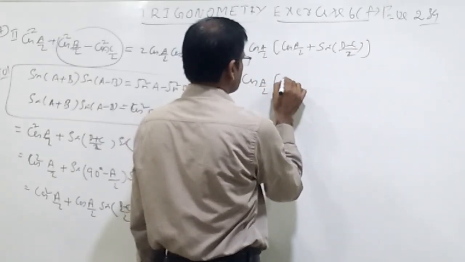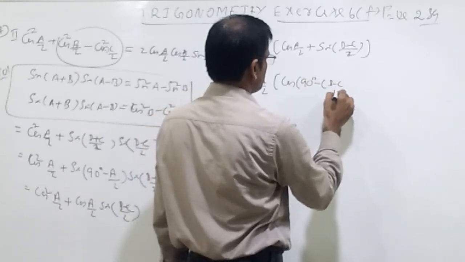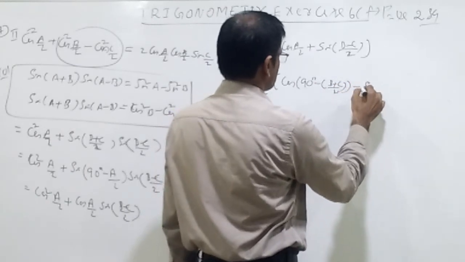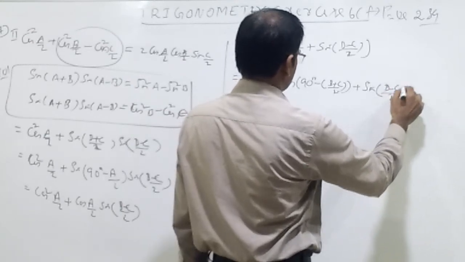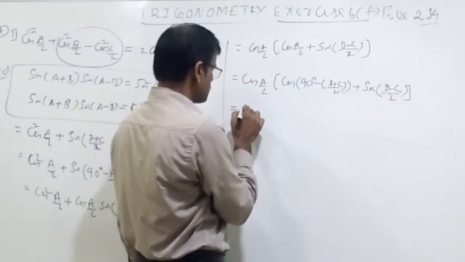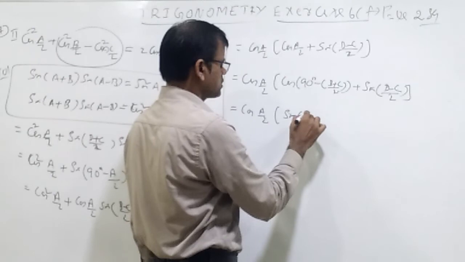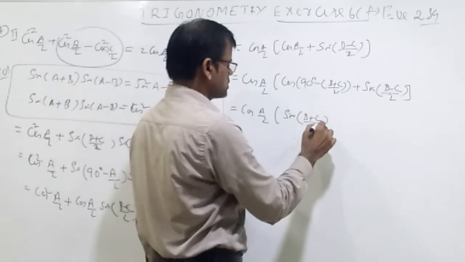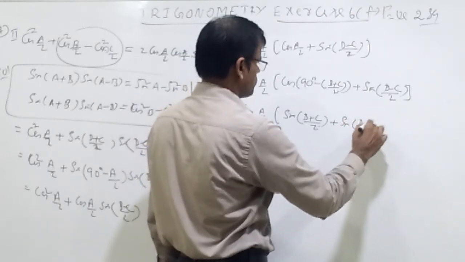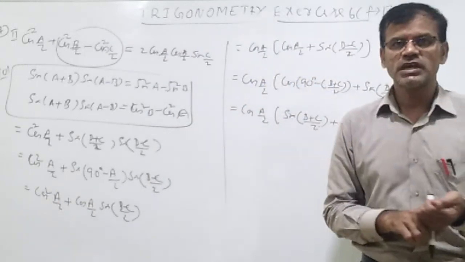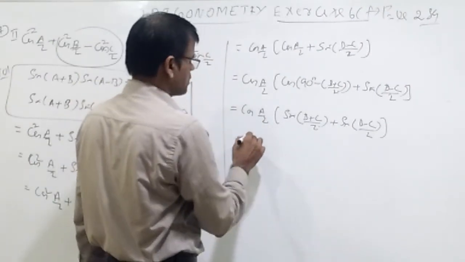That is equal to cos A/2 times, this can be understood as cos(90 − (B+C)/2) plus sin((B−C)/2). That is equal to cos A/2 times, since cos(90 − θ) can be understood as sin θ, sin((B+C)/2) + sin((B−C)/2). By the formula sin A + sin B, this is 2 sin A cos B.